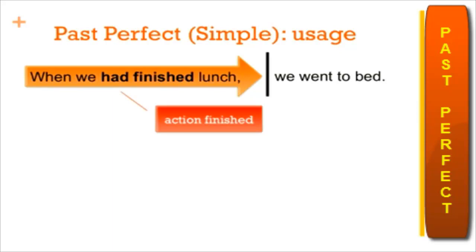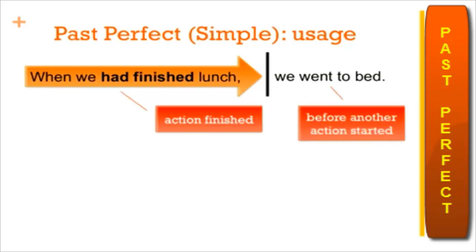When we had finished lunch is a finished action. Lunch is over before another action started. And the other action that started, we went to bed, is in the simple past, and the action that had just finished is in the past perfect simple. So when we had finished lunch is actually before the going to bed. So finished action before another action started.